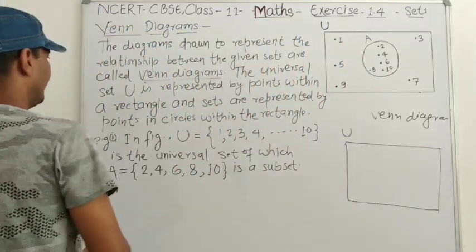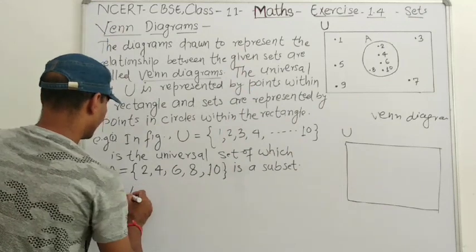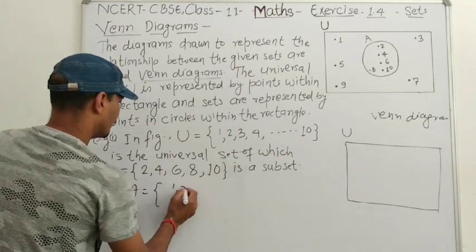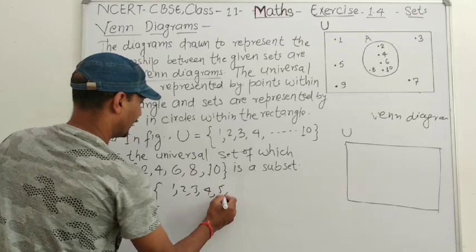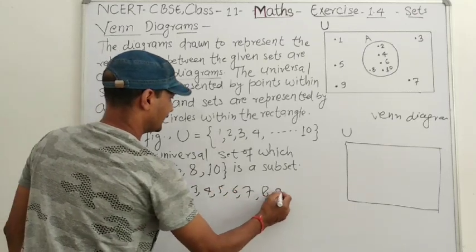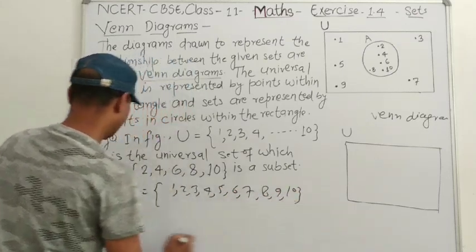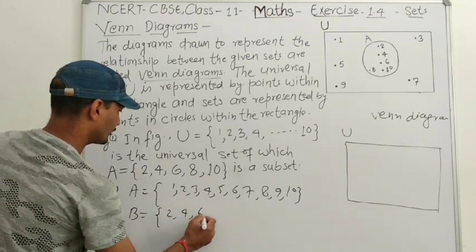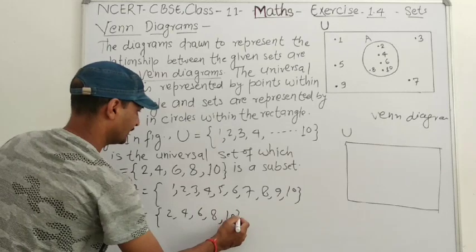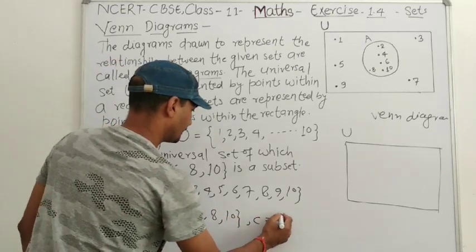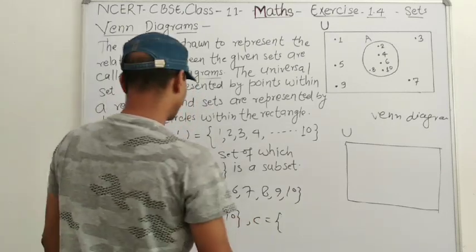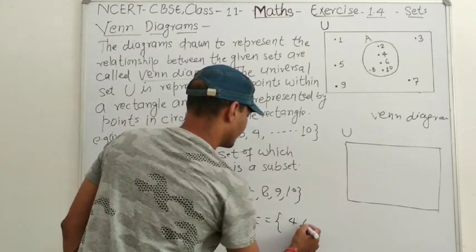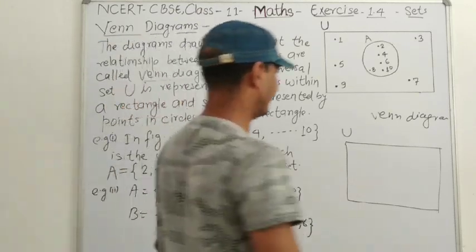Now another example. Suppose the universal set is 1 2 3 4 5 6 7 8 9 10. I am writing all elements. Suppose A is 2 4 6 8 10, and another set B is 4 and 6. So how to represent this by the Venn diagram?